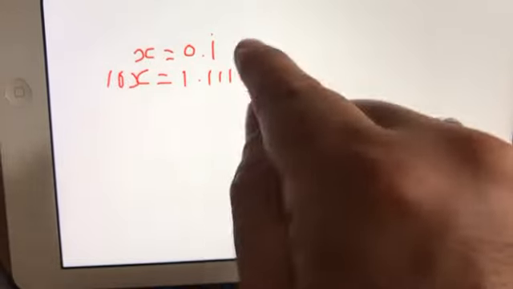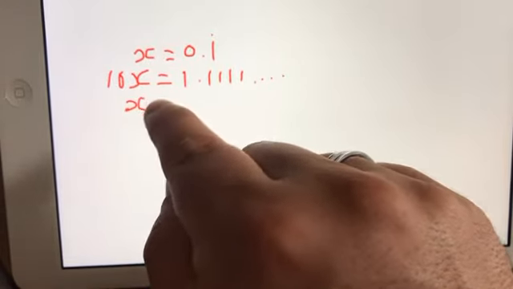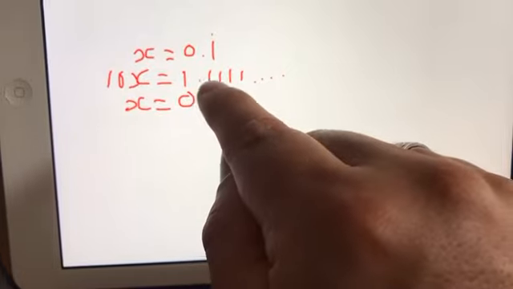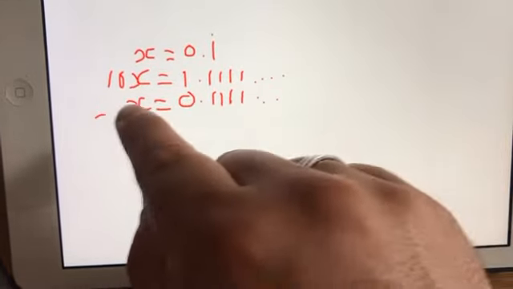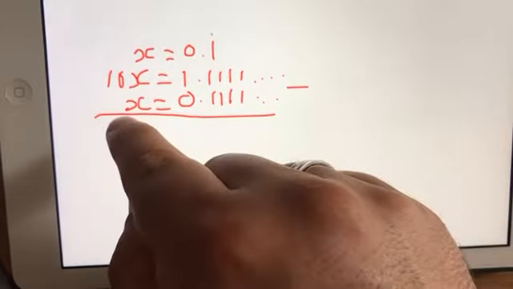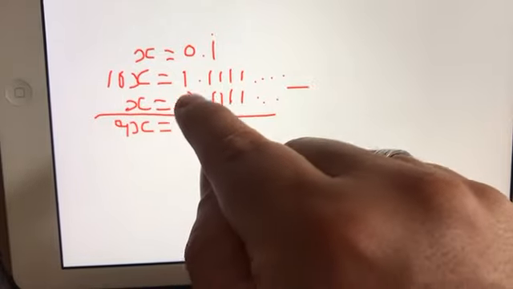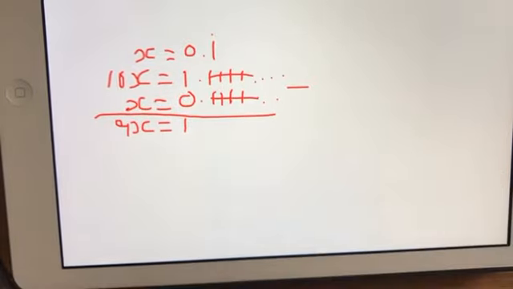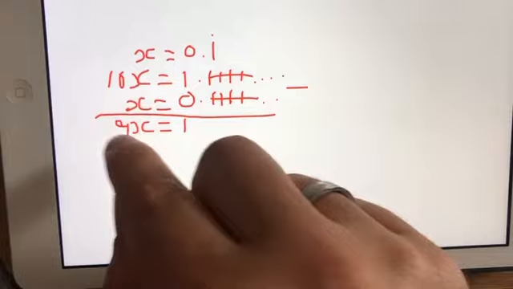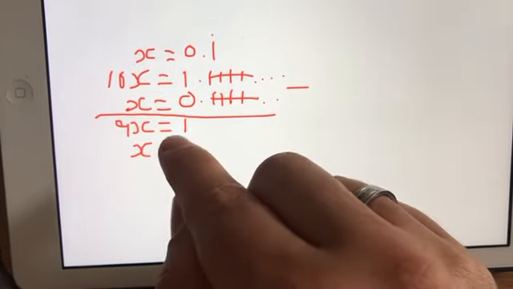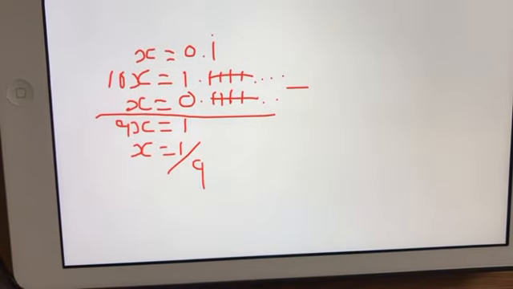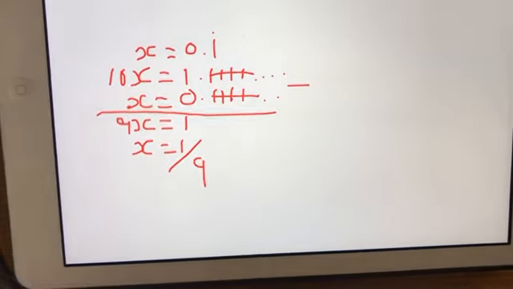Then I'm going to write this one underneath. X equals 0.1111 going on forever. I'm going to take them away from each other to get 9x equals 1. Those two bits cancel out. 9x equals 1. Divide by 9. X equals 1 over 9 for the first one. Okay, quite straightforward. Mark it if you got it right.